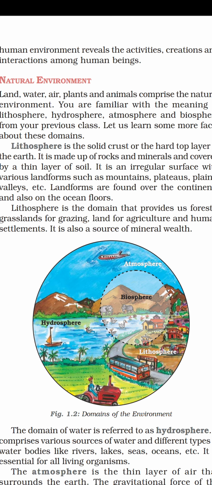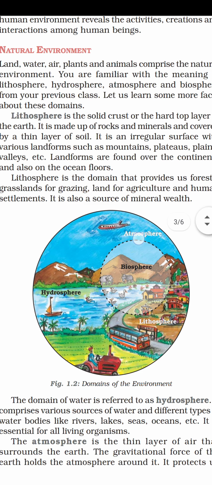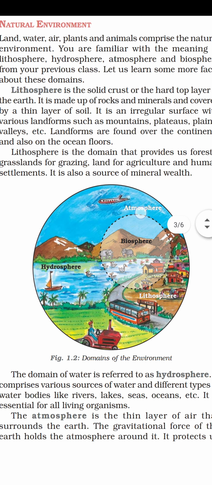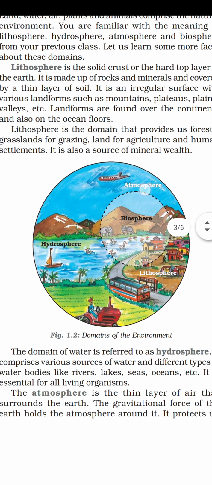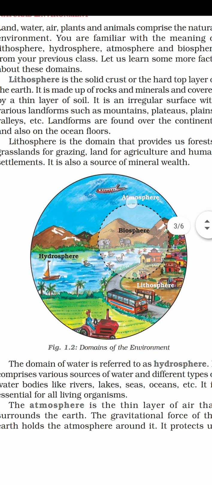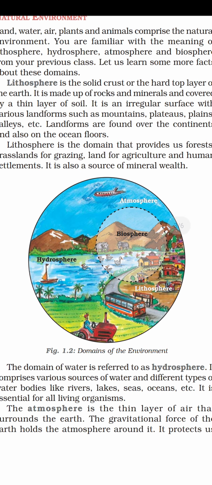Now, the lithosphere is a domain that provides us forests, grasslands for grazing, and land for agriculture and human settlements, etc. It is also a source of minerals. From the soil itself we get the minerals, children. The same land we use for what? Cultivating crops. And the same land we use for settlements.